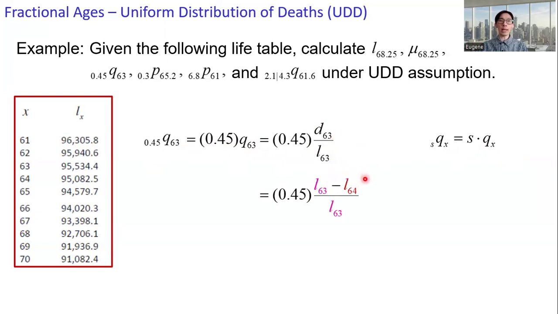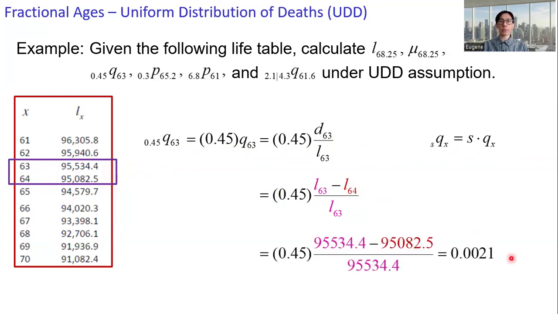All we need is the L's for age 63 and age 64. From the life table, do the substitution, and then we get the desired probability, 0.0021.